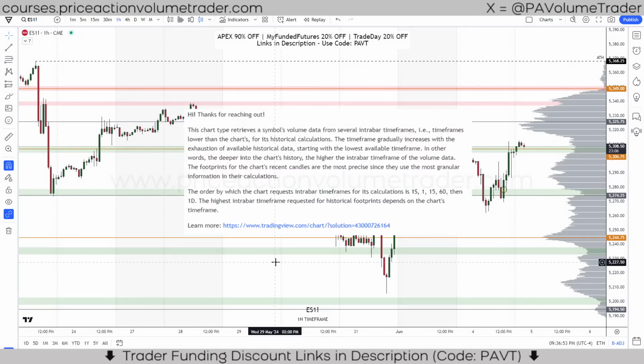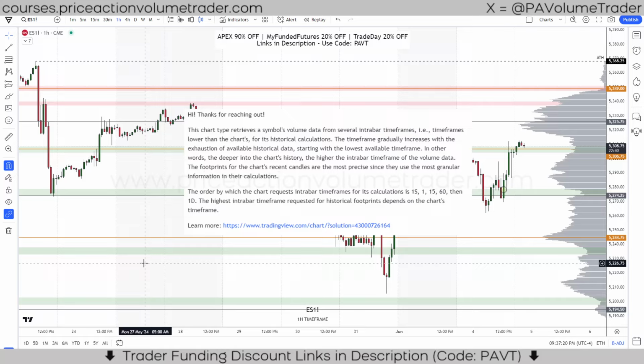Okay, so this here is the reply that I got from TradingView support. It says, this chart type retrieves a symbol's volume data from several intrabar timeframes, for example timeframes lower than the chart's, for its historical calculations. The time frame gradually increases with the exhaustion of available historical data, starting with the lowest available time frame.